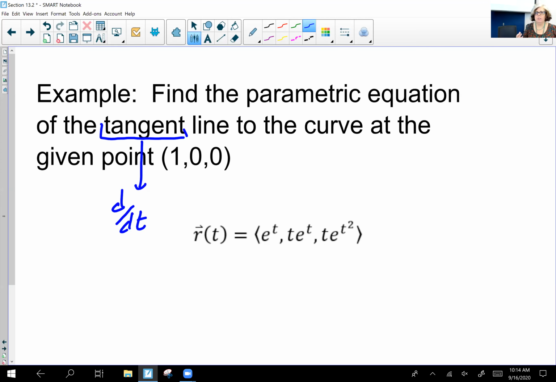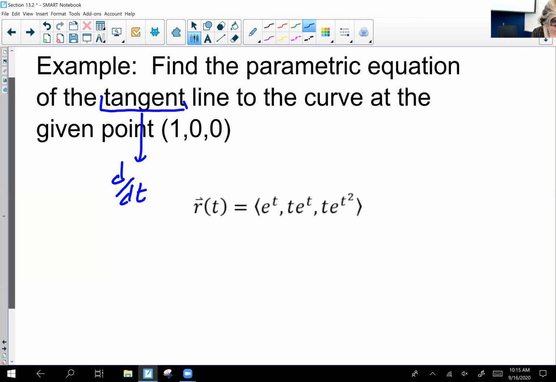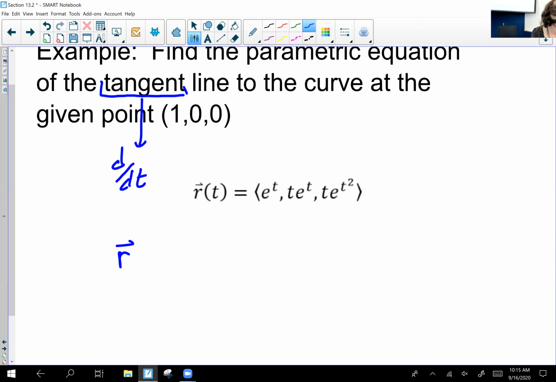Now, as I just showed you with that circle, not only can you use equations to define a curve, you can use vectors to define the curve using parametric equations. All right, the equation of our tangent line, if you remember, is going to be r equals r naught plus v times t.